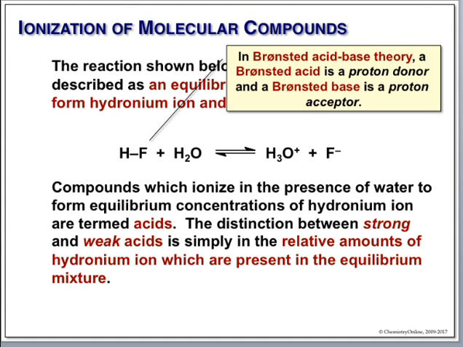This is called proton transfer. So the proton donor is the acid. The proton acceptor, the thing that accepts the proton, is called a Bronsted base. Very simple concept. Acid donates a proton, base accepts it.